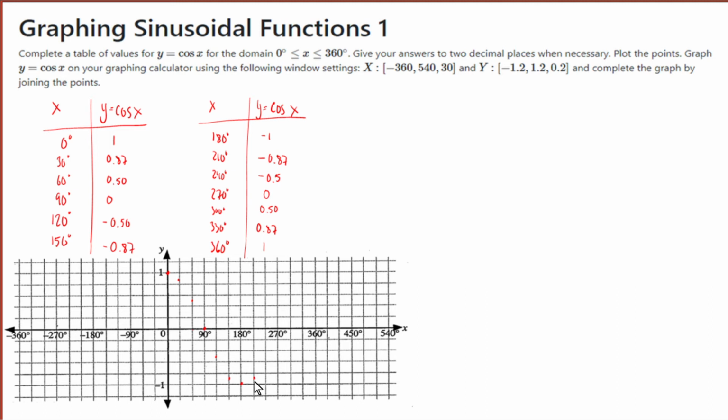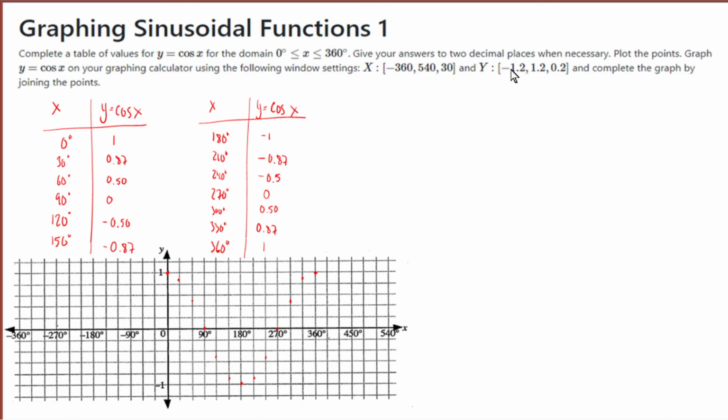And of course, we're going to be getting a sinusoidal function here. At 240 degrees, we're at negative 0.5. At 270 degrees, it was 0. At 300 degrees, we are at 0.5. At 330 degrees, we're at 0.87. And at 360 degrees, we are at 1. So we can see this clear sinusoidal function here.